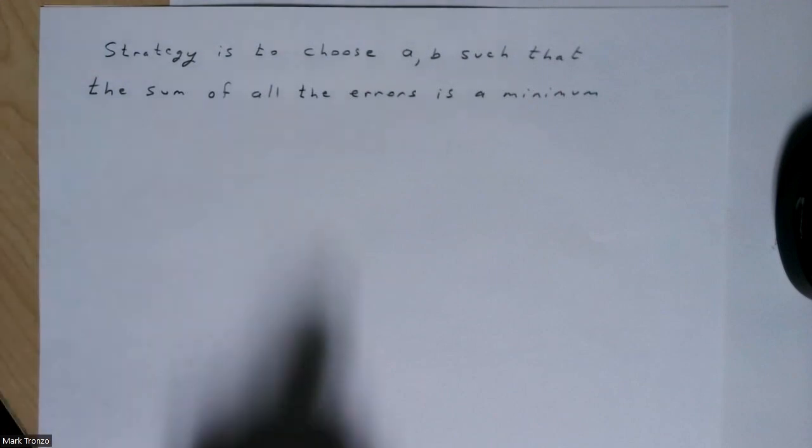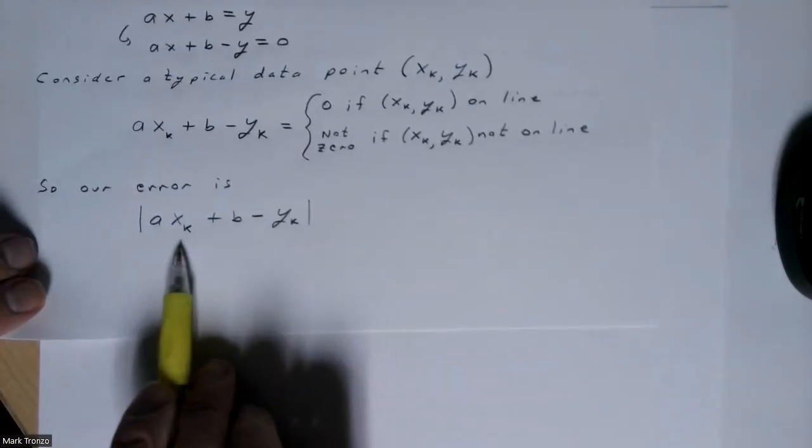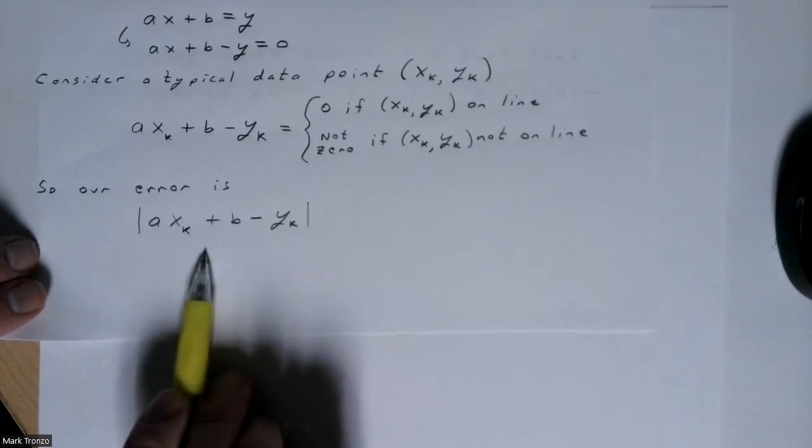In other words, we want to choose A and B such that when we add all these up, that's going to be a minimum.